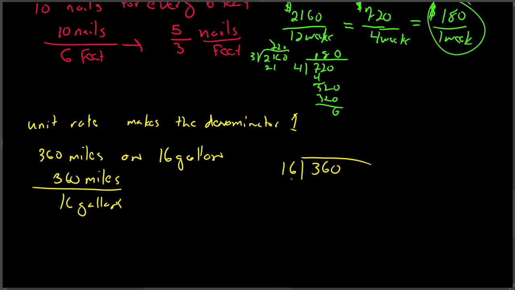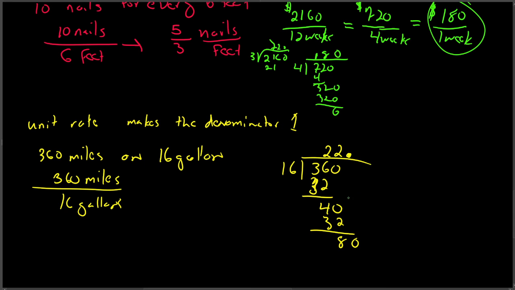And so 16 goes into 36 twice. 2 times 16 is 32. Subtract, I get 40. And let's see. 16 goes into 40 twice also. And I get 80, so I have to put a decimal point here.